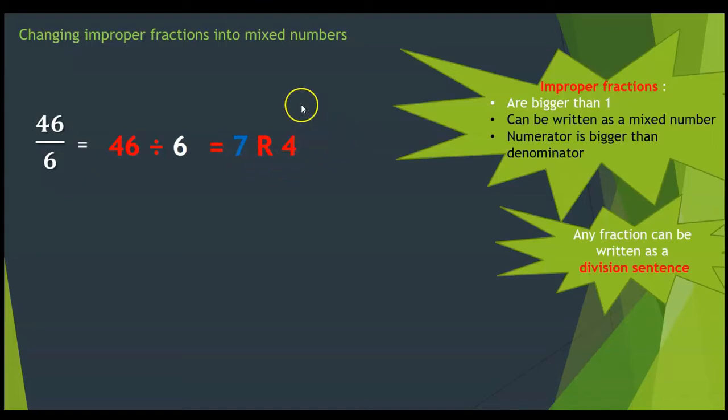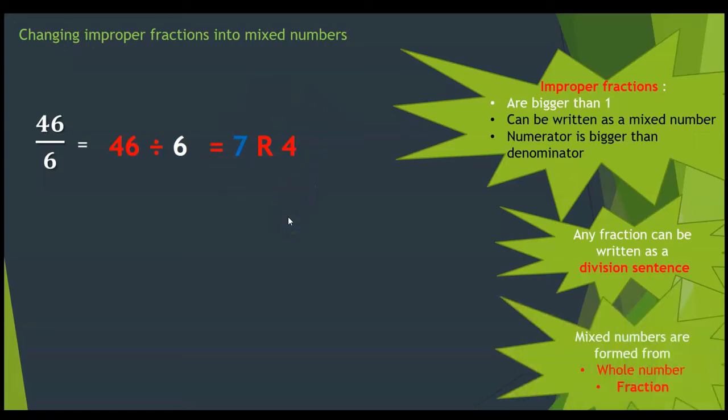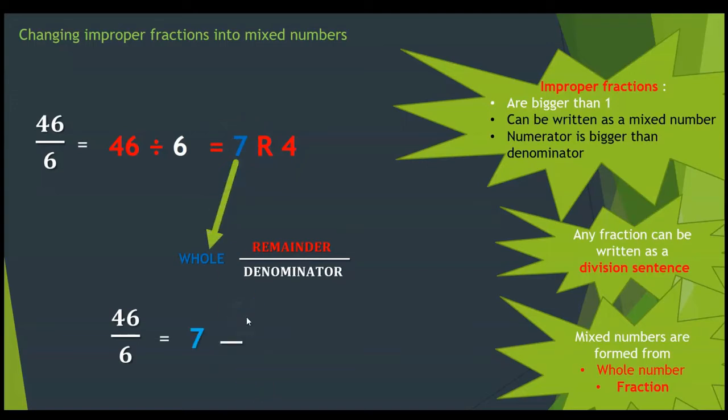Now, I will use this to write the mixed number. And as we said, the mixed number has 2 parts, a whole number and a fraction part. So I will start by writing the whole number, which is number 7.